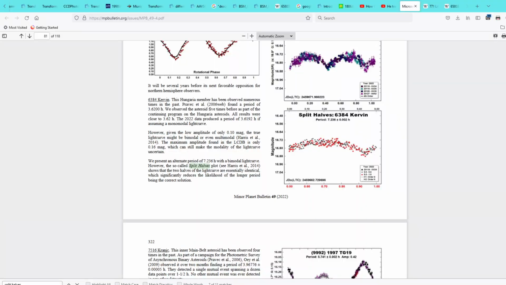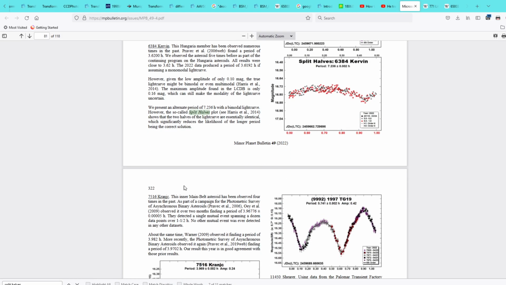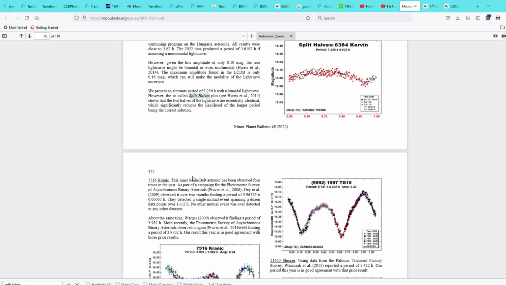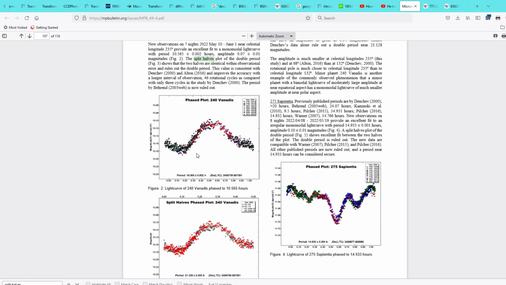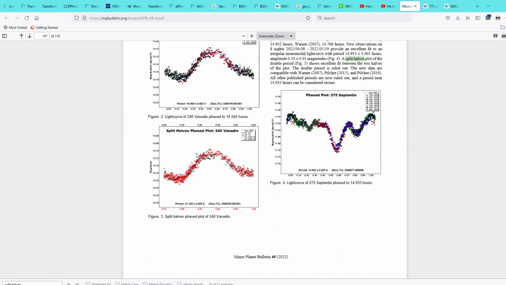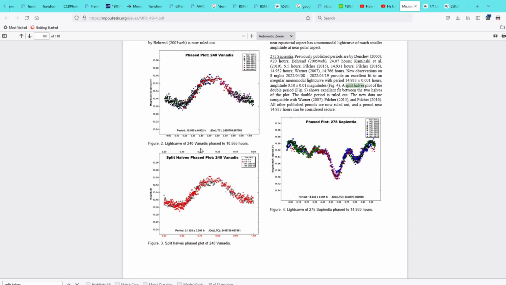I would encourage you, if you want to read more about it or have some additional understanding of it, to skim through this issue of the Minor Planet Bulletin and look for different references to split halves plot or bimodal, and you can see how they determine which solution is more likely than the other.